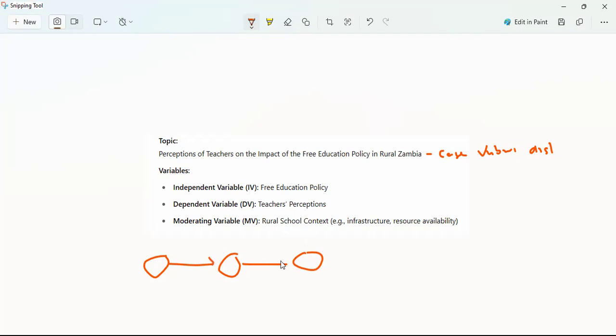So these are the identifications from the conceptual framework: our independent variable, moderating variable, and dependent variable. Is that clear? The result is what we're looking at, the perceptions of the teachers. Free education is our input. It's what we are manipulating. Change: before there was no free education policy, now there's a free education policy. Is that clear?